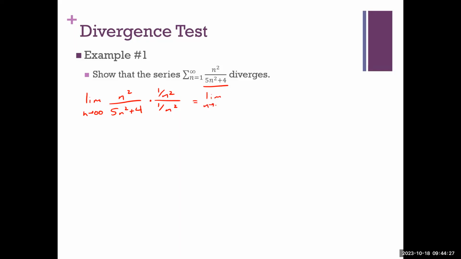Then I have the limit as n goes to infinity of 1 over 5 plus 4 over n squared. Is that a limit that I can evaluate? What happens as n gets really big there? Yes, the 4 over n squared goes to 0, which means what remains is 1/5.